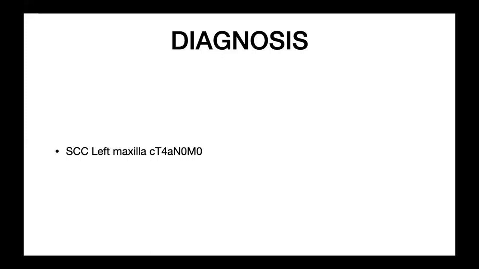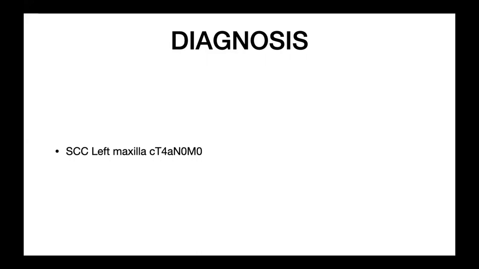So, Kirti, anything that you know of whereby people have tried to preserve the orbit? Any other strategies to preserve the orbit? Yes, sir. There are a couple of studies showing that neoadjuvant chemotherapy, even in stage 3 and 4 maxillary squamous cell cancers, has played a great role in first prognosticating the patient.